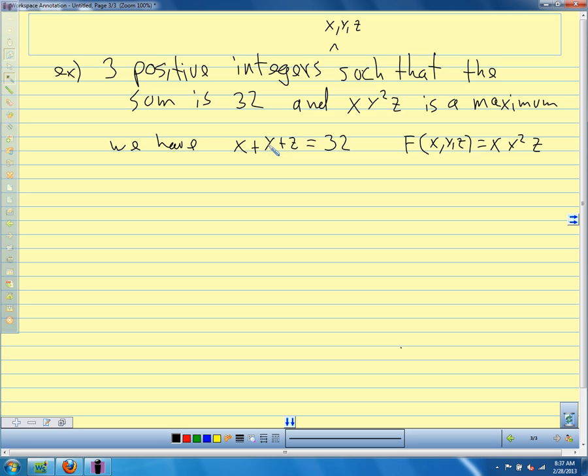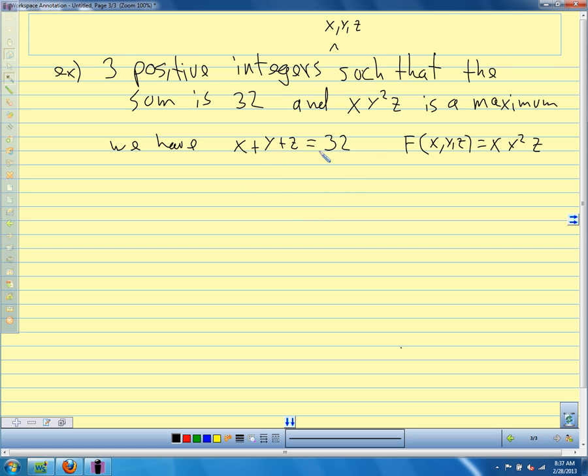So x plus y plus z, what kind of surface would that be? A plane. So we have some f of x, y, z. If we think of this function being a constant, we have a plane cutting through that level surface. On this surface, we're maximizing this quantity that's on the intersection of that with the plane.